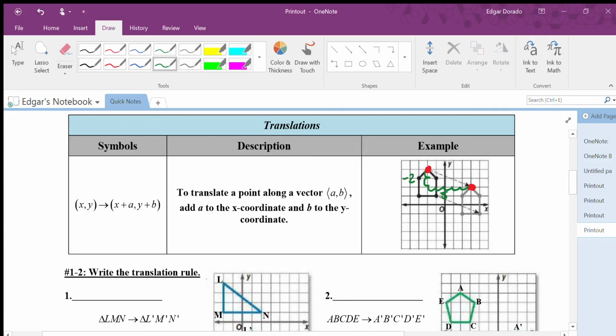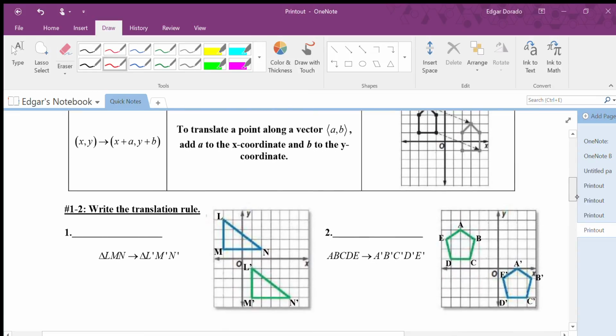Up and down is on my y, right? So technically I would have y minus 2, and on my x I would have x plus 5. Maybe that doesn't make too much sense just yet, guys, but it will in a second. So just keep that in mind. I'm going to erase all of this for now, but keep that in mind as we do some of these example problems.